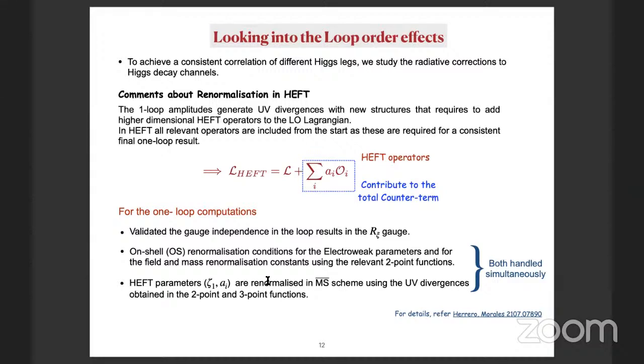For the renormalization of the HEFT parameters, the a_i's and zeta_i's, we have followed the MS-bar renormalization scheme, and these two schemes, on-shell and MS-bar, are handled simultaneously. If you want to go into a bit more detail on how this is done, you can follow this paper by Maria Herrero and Roberto Morales. We have done everything in a very involved manner.